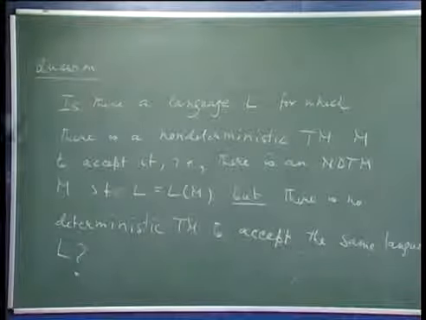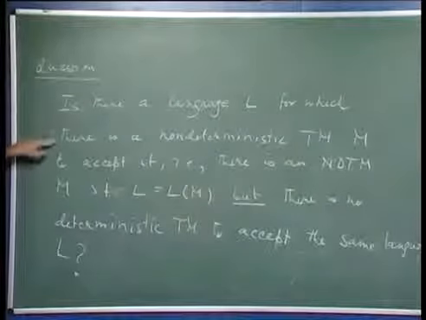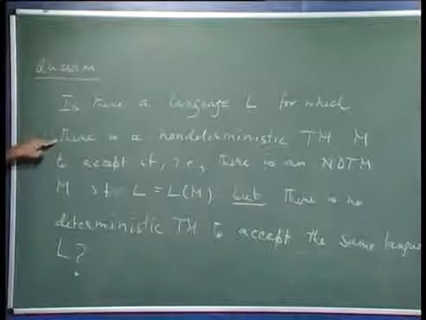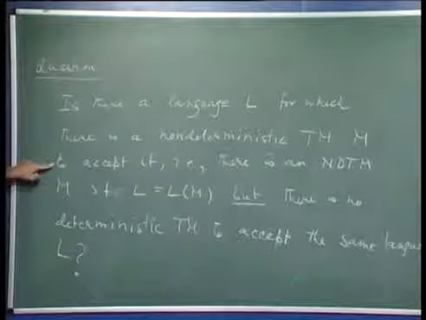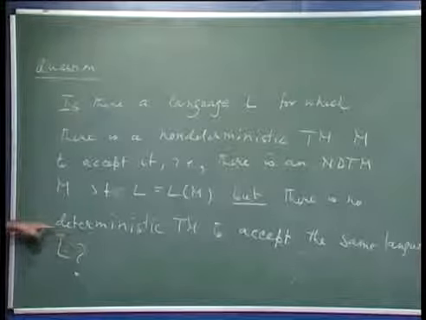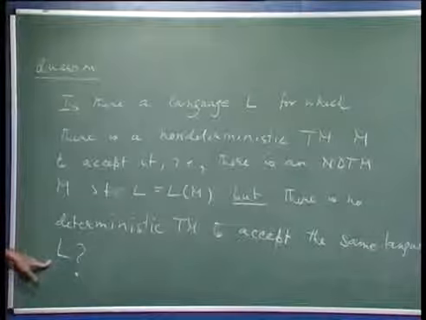Okay. So, the question is: is there a language L for which there is a non-deterministic Turing machine M to accept it, but there is no deterministic Turing machine to accept the same language L?